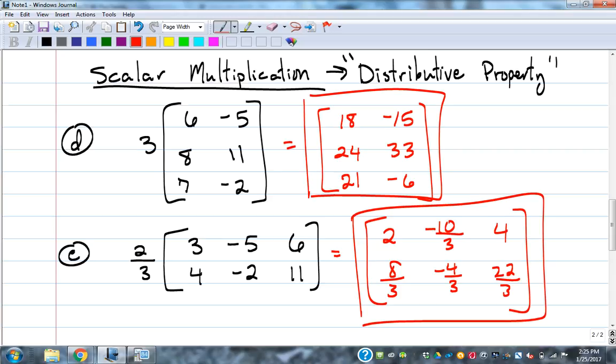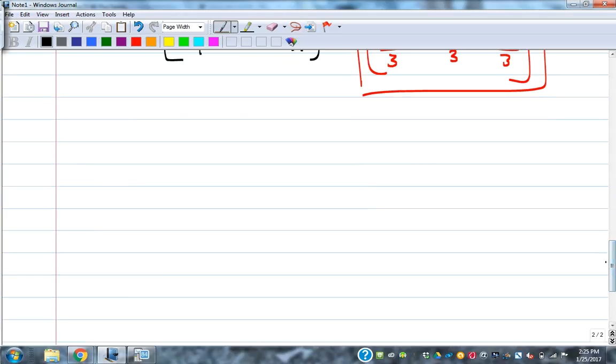Order of operations happens the same way with the matrix as it does with regular numbers. Parentheses first, exponents, multiplication, no division to worry about, and then addition and subtraction. So scalar multiplication is multiplication, so it's going to happen before the addition and subtraction.